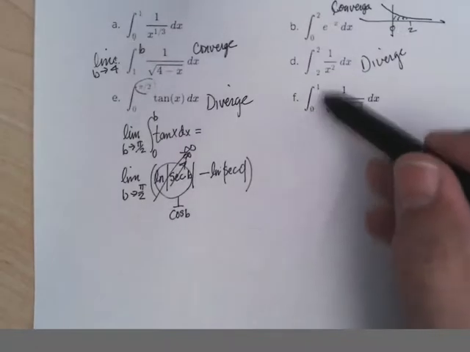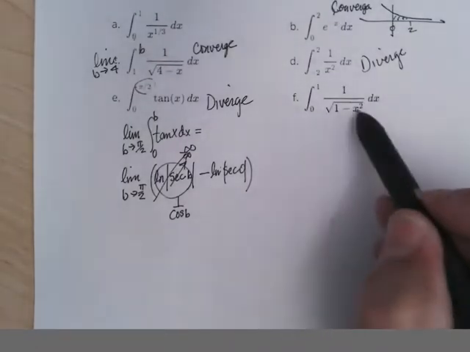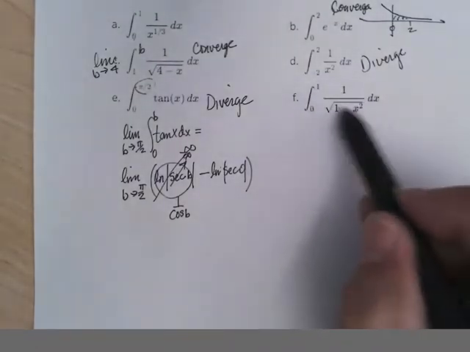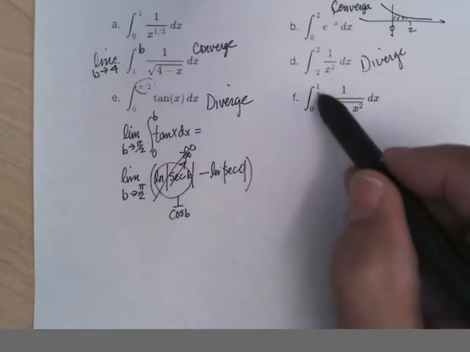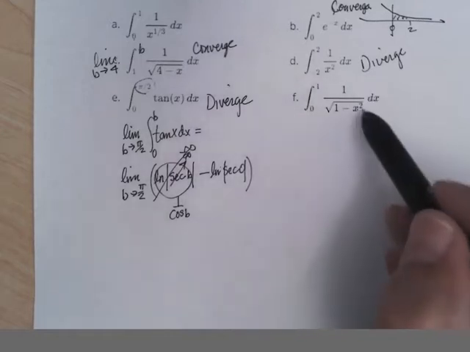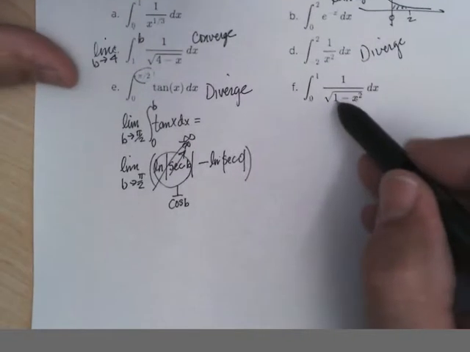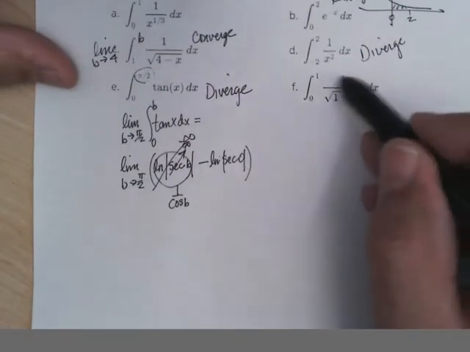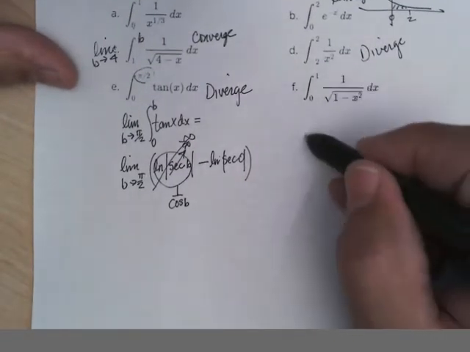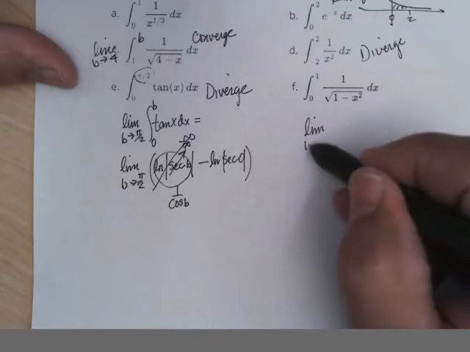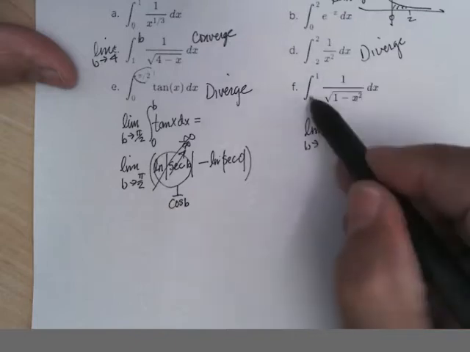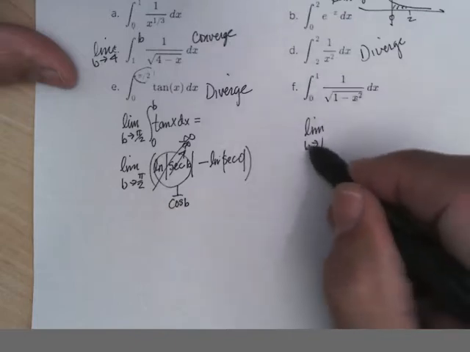And between 0 and 1, 0 is not a problem, but 1 causes division by 0. So this is what we'd make b, and we would use, let's see, that's arc sine. The antiderivative of this is arc sine, so we'd have the limit as b approaches 1.